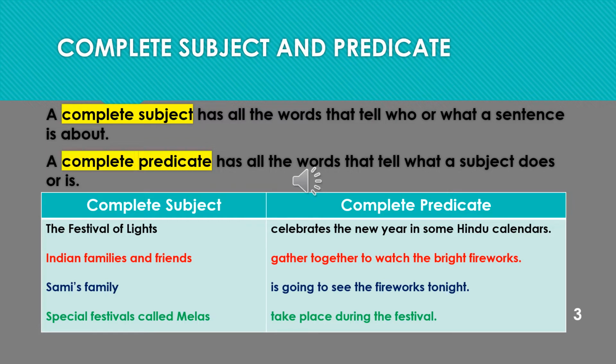A complete subject has all the words that tell who or what a sentence is about. A complete predicate has all the words that tell what a subject does or is. One more time, let's read it. A complete predicate has all the words that tell what a subject does or is.